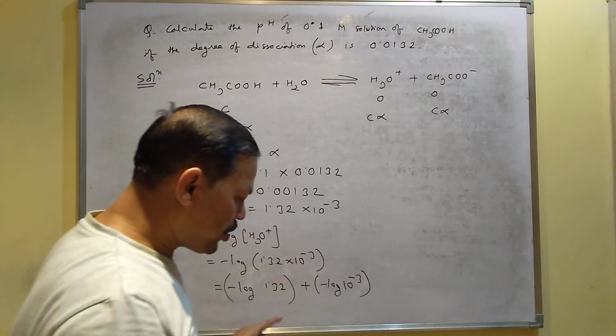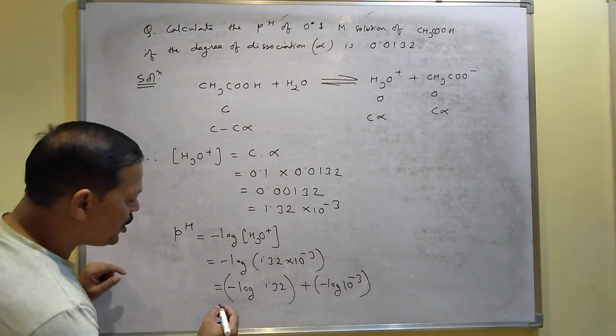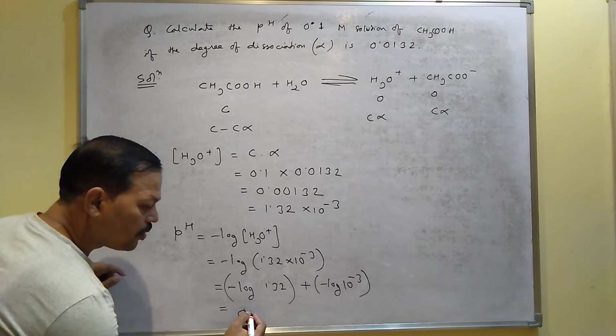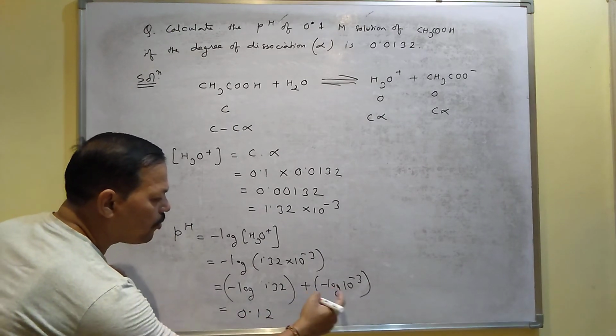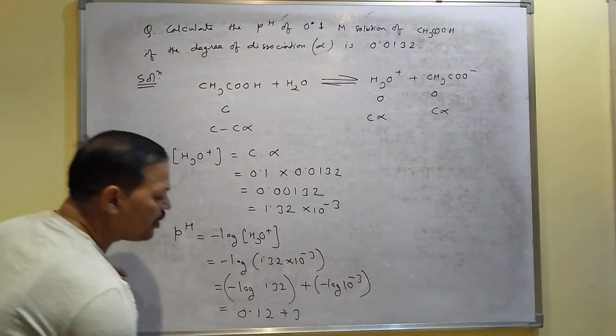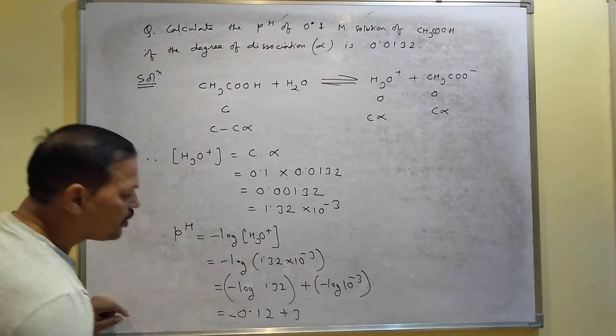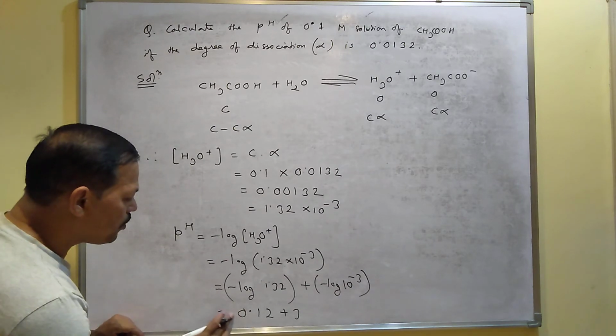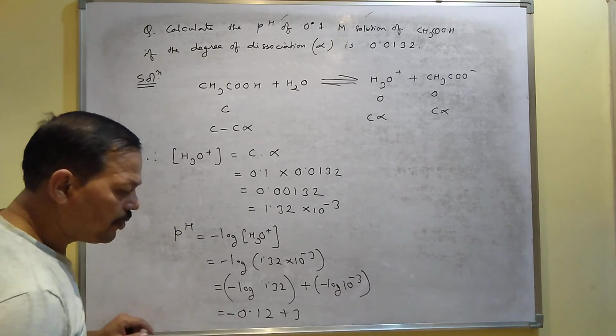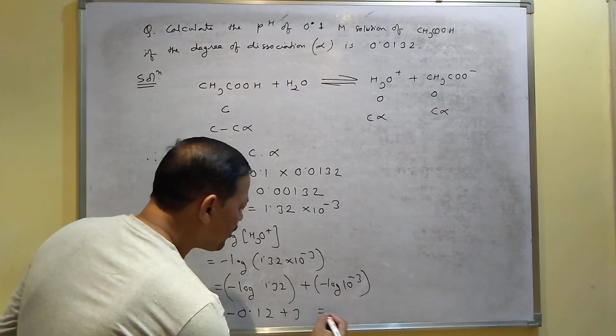Log of 1.32 value, it's 0.12 and log of 10 to the power minus 3, it become minus 3. So this become minus, so 3 minus 0.12, you will get 2.88.